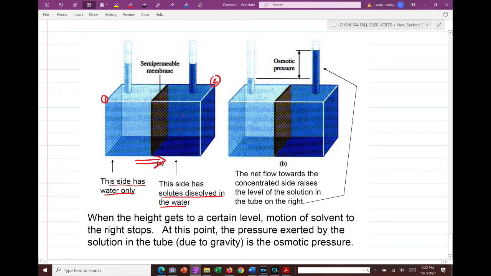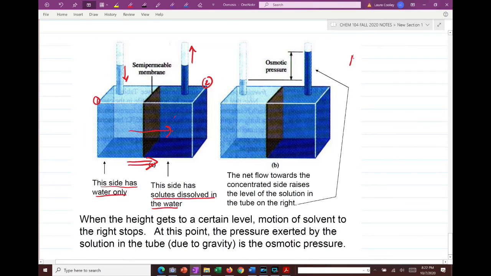So as the water flows from left to right, this level here is going to go down, and this level of water is going to go up. And what you would notice at some point is that the liquid stops rising on the right.